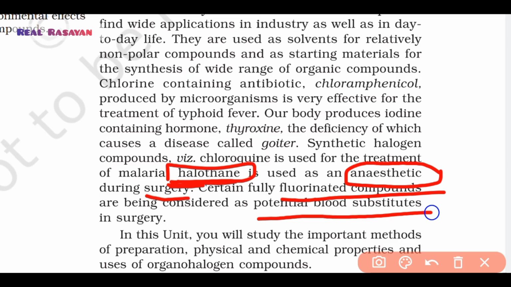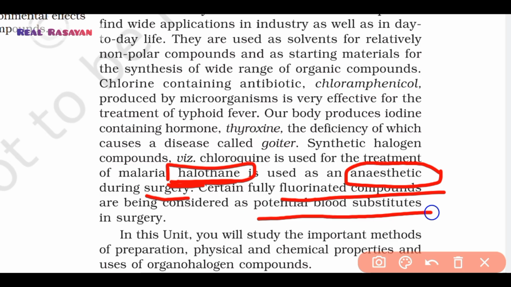So generally we have discussed 4 to 5 halogen compounds that are used in our day-to-day life, or they can be used clinically as anesthetic or during inactive secretion of the proper glands in our body. Sometimes we can use some of the compounds as antibiotic. So there are wide applications of these halogen compounds in our day-to-day life.